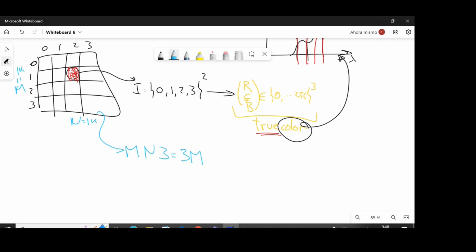Okay, that could be. So you make some of the pixels equal. Actually, that is the point.